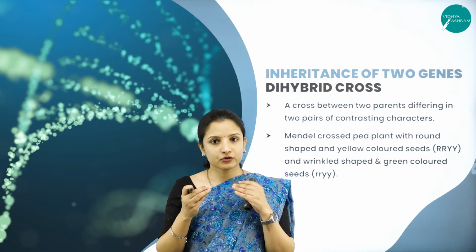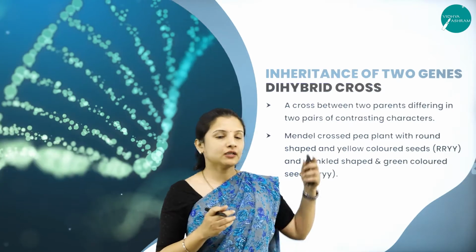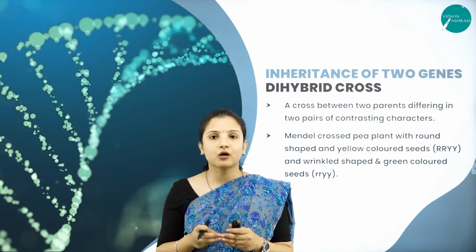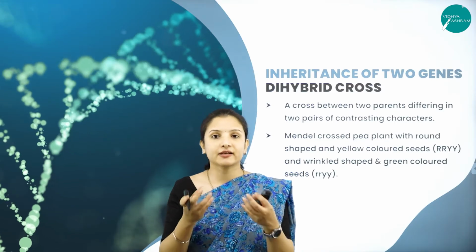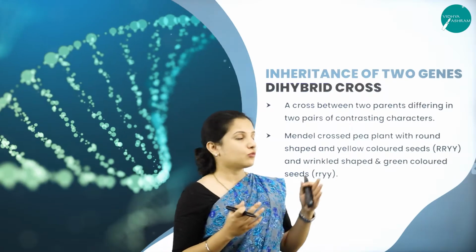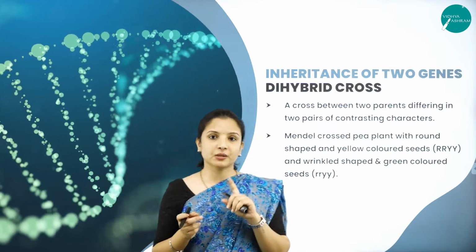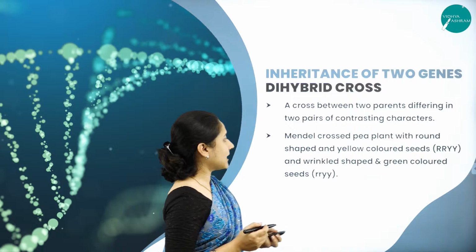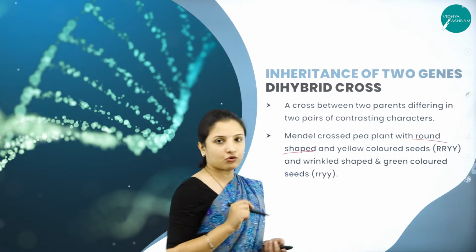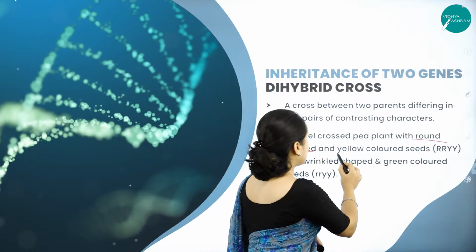So for today's experiment, the dihybrid cross experiment, he wanted to study how the offspring inherit or get two genes from the parents. So he chose a pea plant which has a round shaped seed, and one more pea plant which has yellow colored seeds.